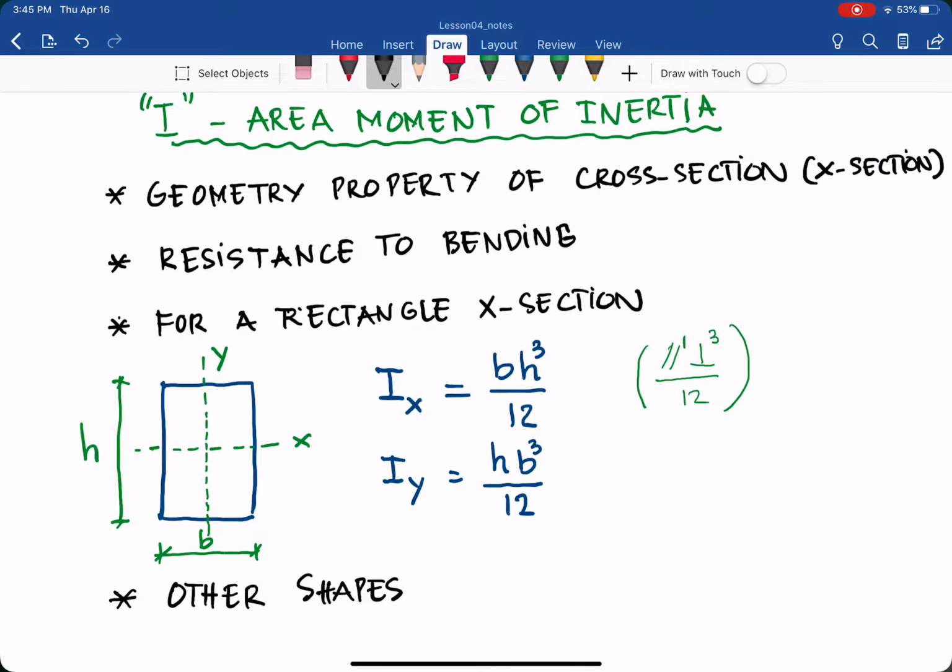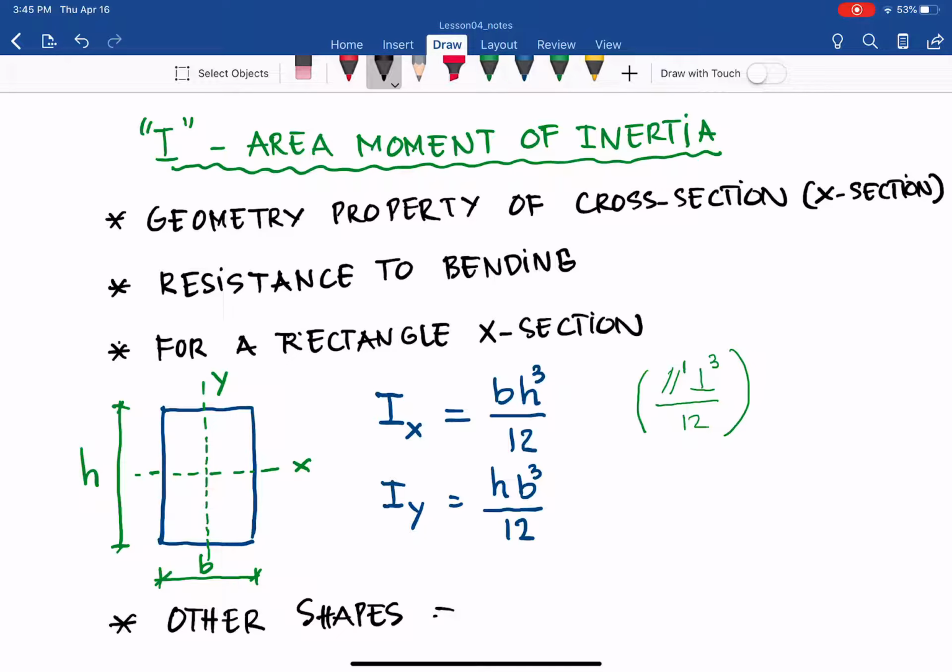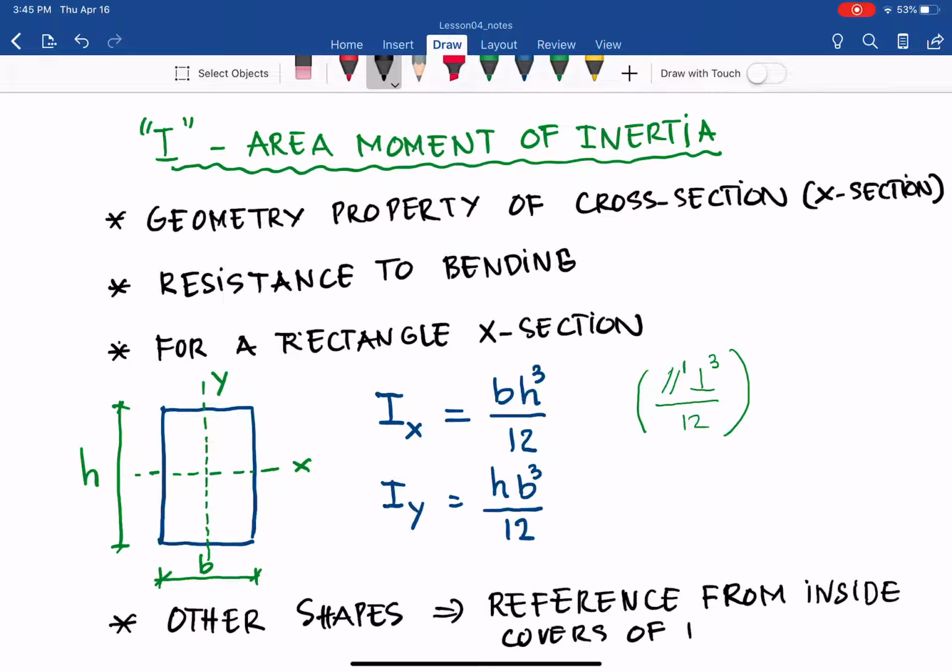How? So let me use the reference on the back side of the cover, from the inside of the back cover of your textbooks.